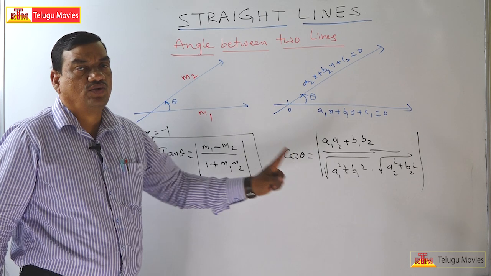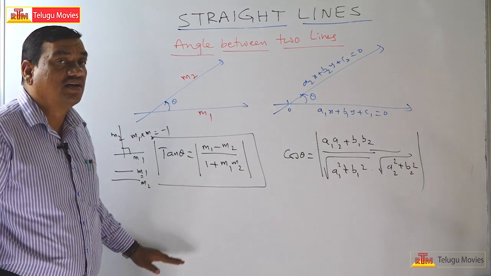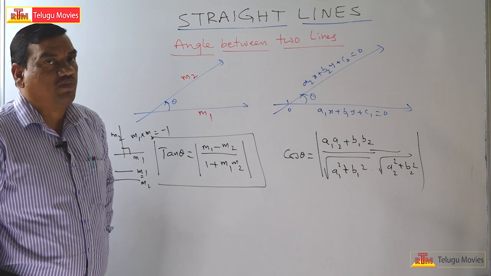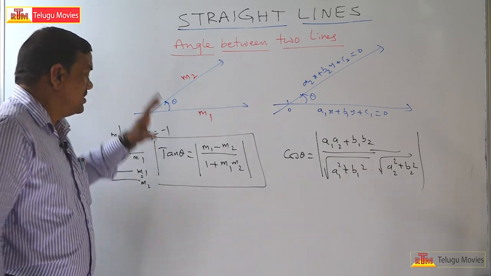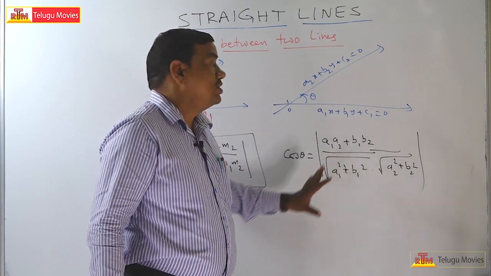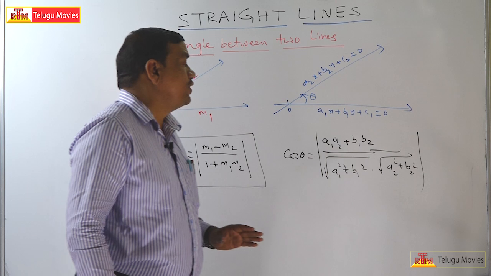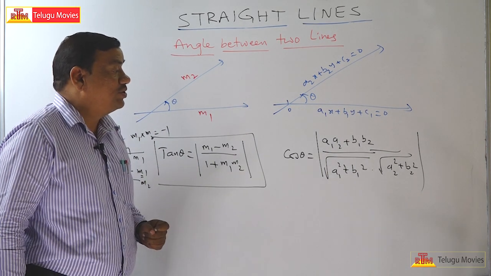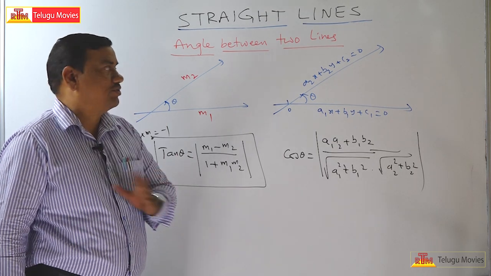Learn these two formulas only. In your textbook, sin theta and cos theta are also there, but just avoid those formulas. Basically learn this formula and this formula: cos theta is equal to a1 a2 plus b1 b2 by square root of a1 square plus b1 square into square root of a2 square plus b2 square.